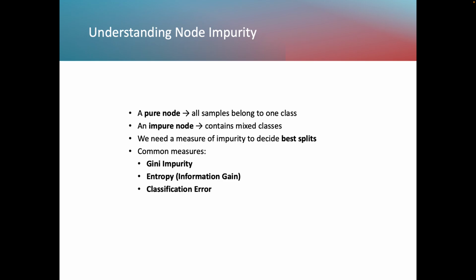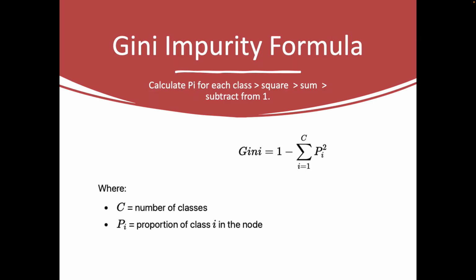So let's go through the Gini impurity. This is the formula for Gini, where you calculate pi for each class and square it, then sum it, and then subtract it from 1.